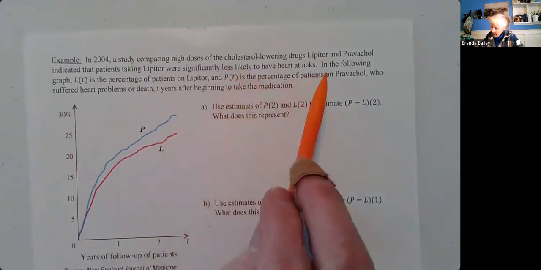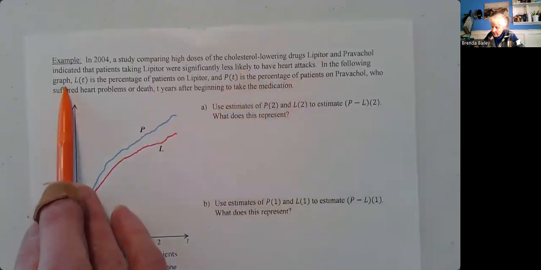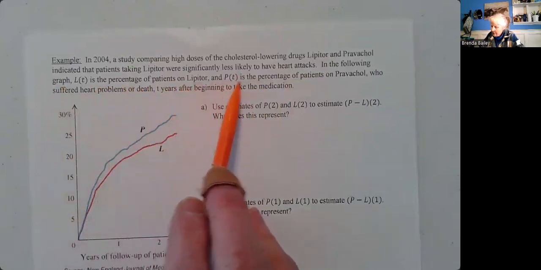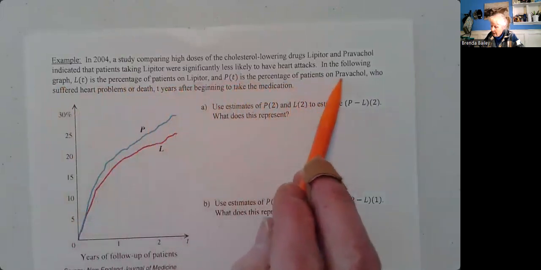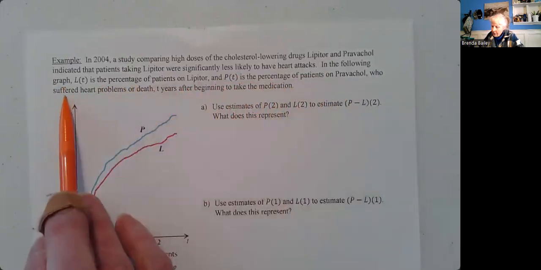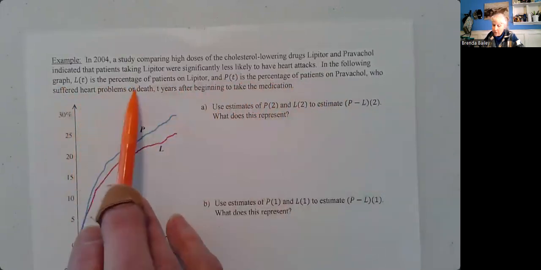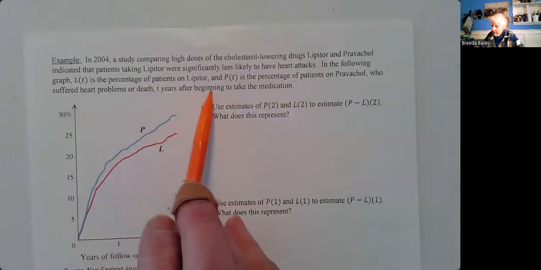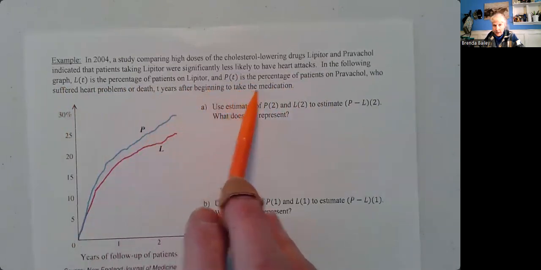In the following graph, L sub t is the percentage of patients on Lipitor, and P sub t is the percentage of patients on Provachol who suffered heart problems or death t years after beginning to take the medication.